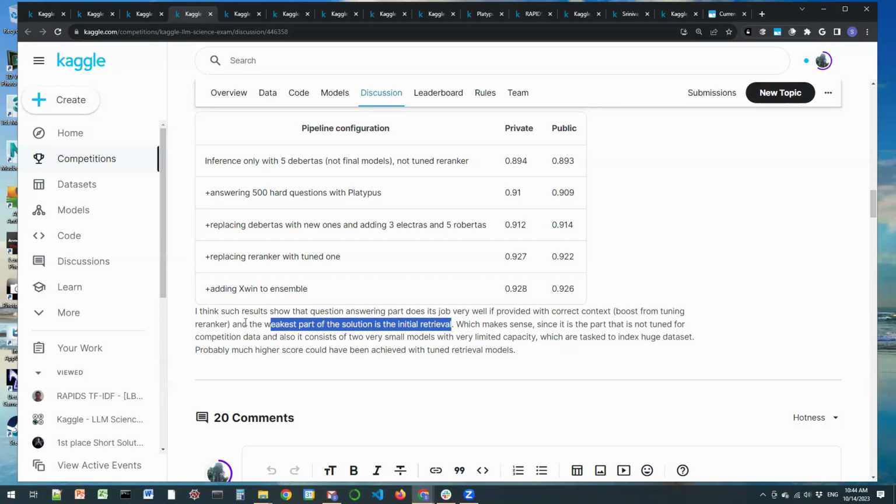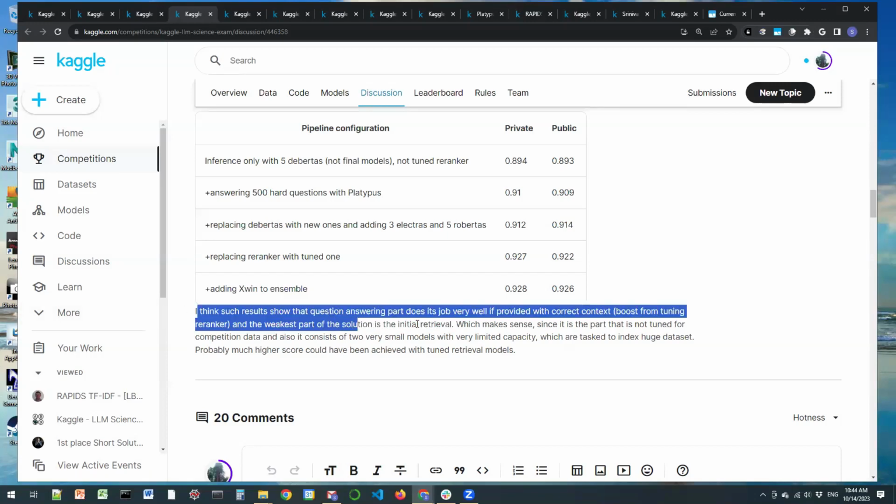So that means that once you have excellent context, the question answering part is easy. The tough part to get the best result is to spend all your time on the retrieval, which is what this guy seems to be hinting at too, right? Since it's the part that's not tuned for competition data.